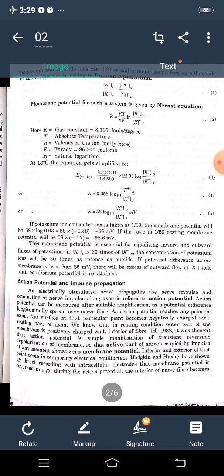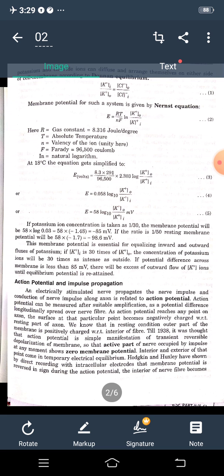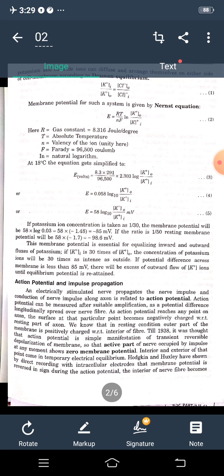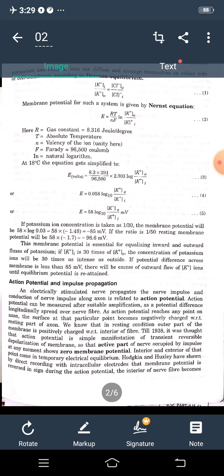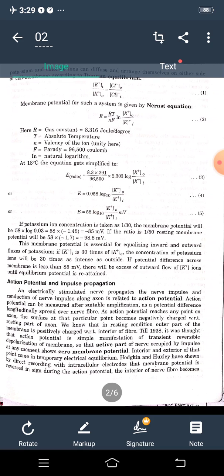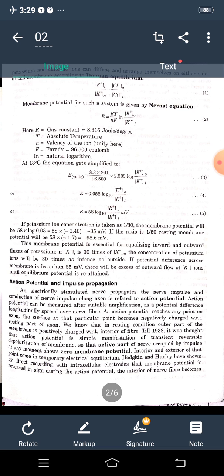If the potassium ion concentration ratio is taken as 1 by 30, the membrane potential will be 58 into log 0.03, that is equal to minus 85 millivolts. If the ratio is 1 by 50, the resting membrane potential will be minus 98.6 millivolts. The membrane potential is essential for equalizing inward and outward fluxes of potassium.